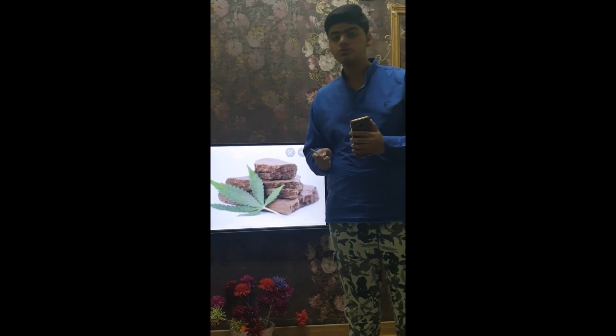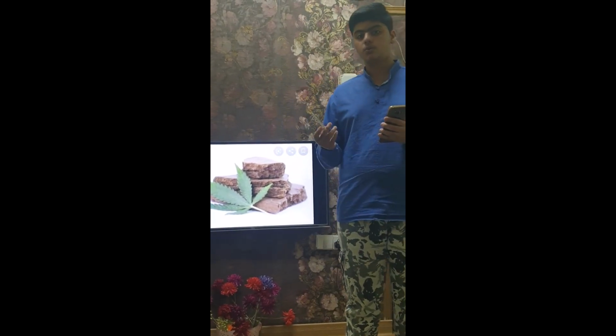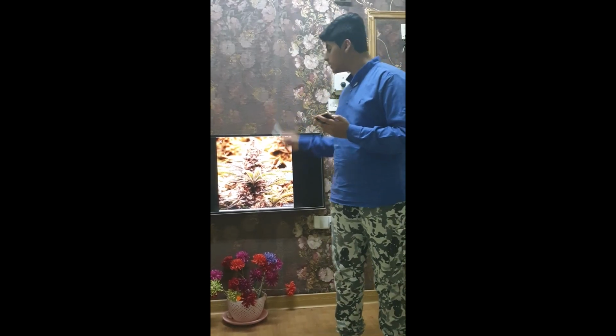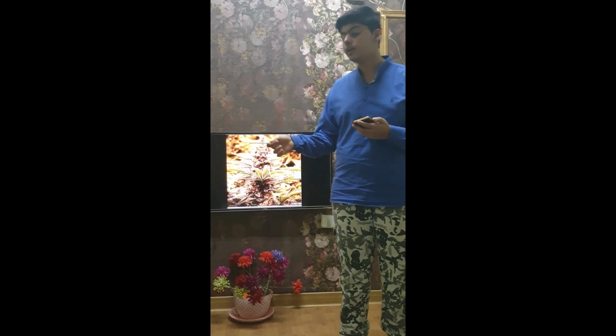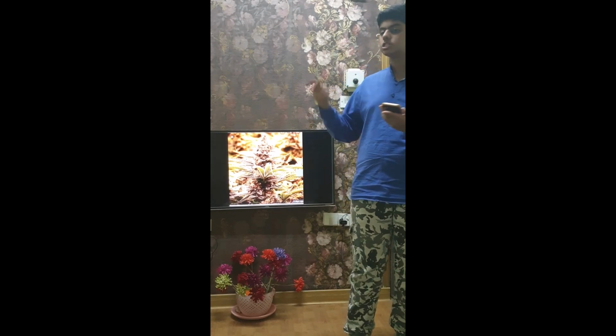So marijuana and hashish, also hashish, that brown thing. These are smoked, point number one. Point number two, they are obtained from the dried flowers of cannabis. What is cannabis? Cannabis, my viewers, is actually a plant. From this plant, the leaves are taken out and smoked, or dried up and rolled into a cigarette form and then smoked.